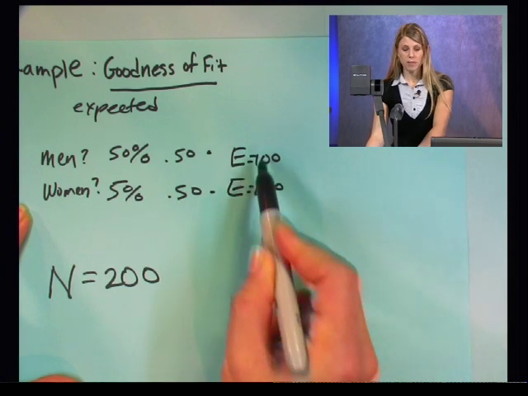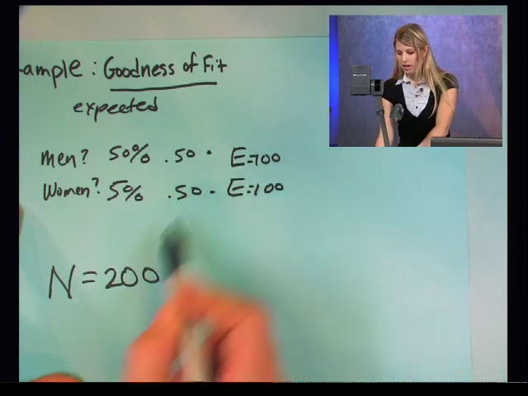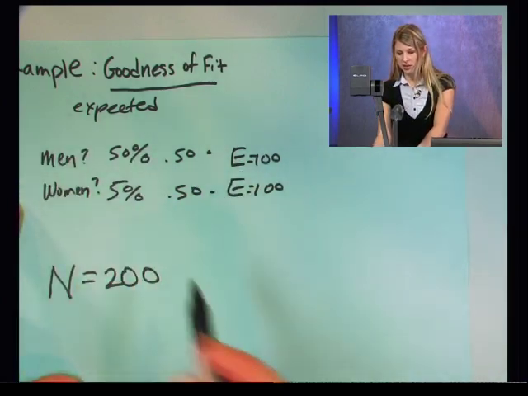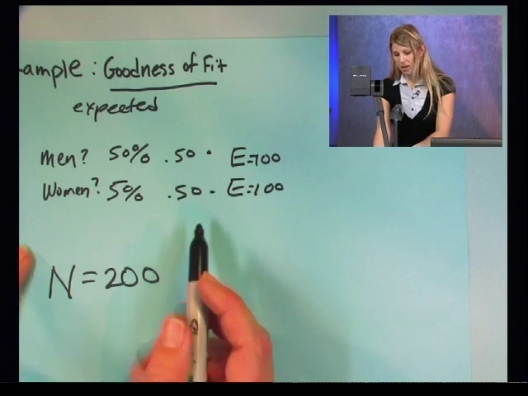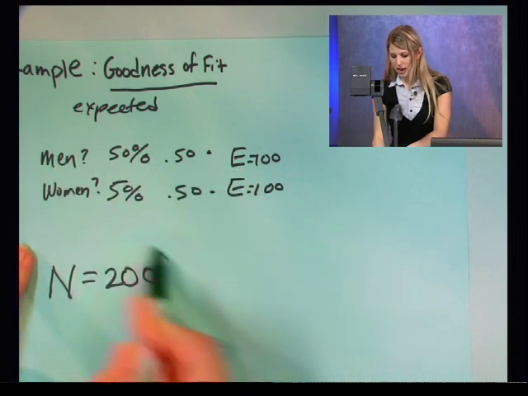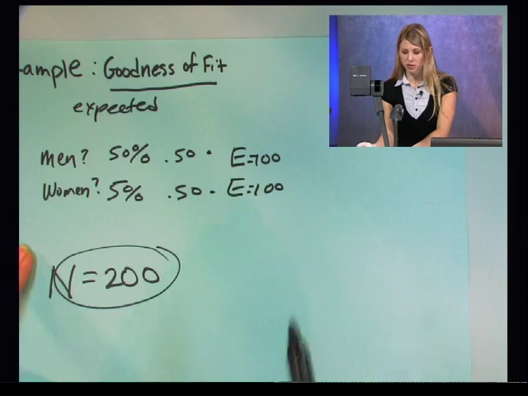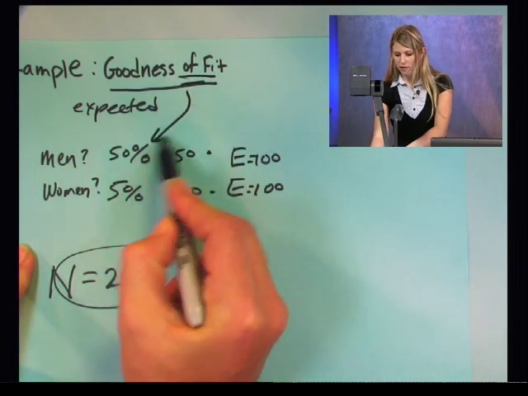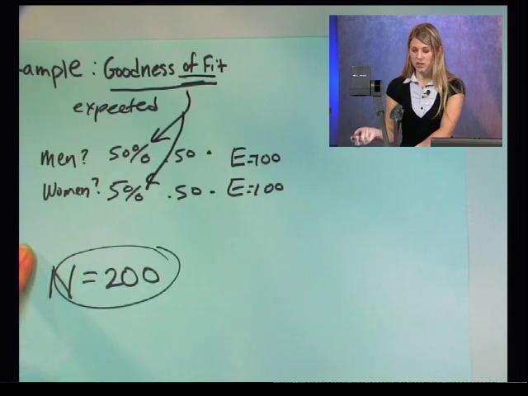So you expect 100 men, 100 women in the class total in your data set that you're collecting from Psych of Women classes. You'd expect, if you have an n of 200, 100 to be in each of those categories, if you're testing the goodness of fit of 50% and 50% in each of those categories.